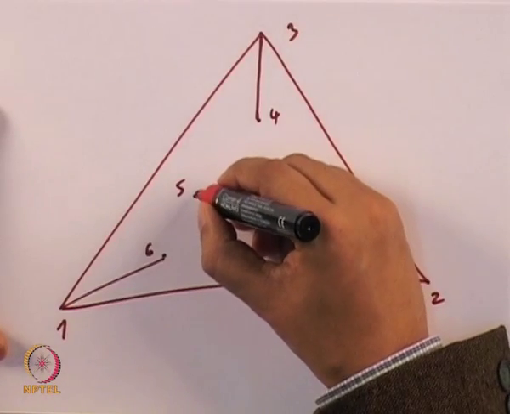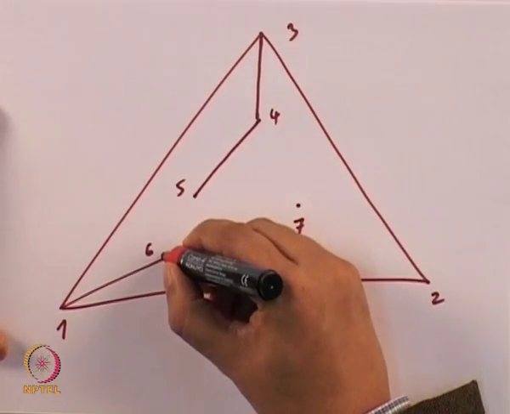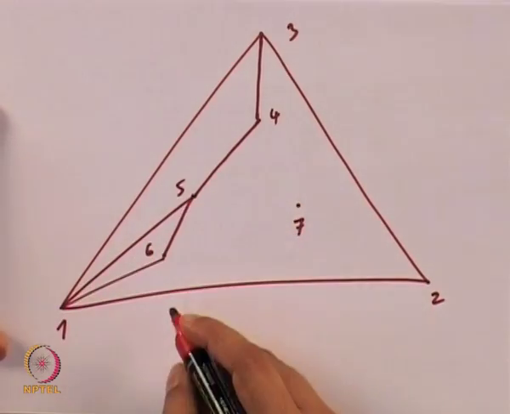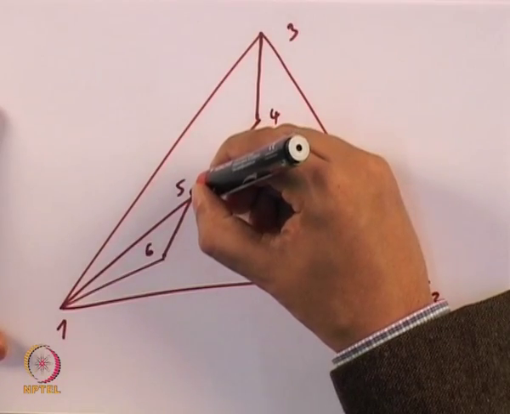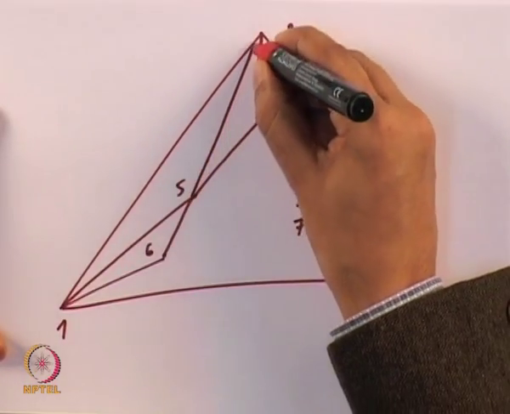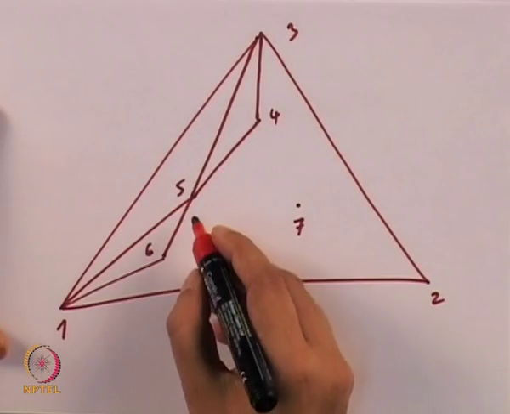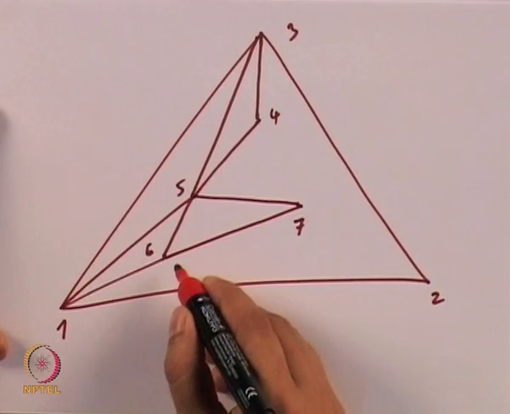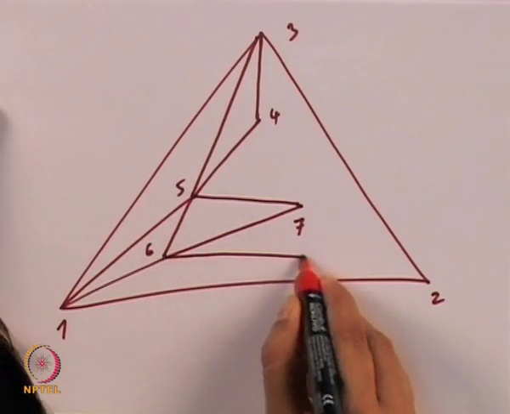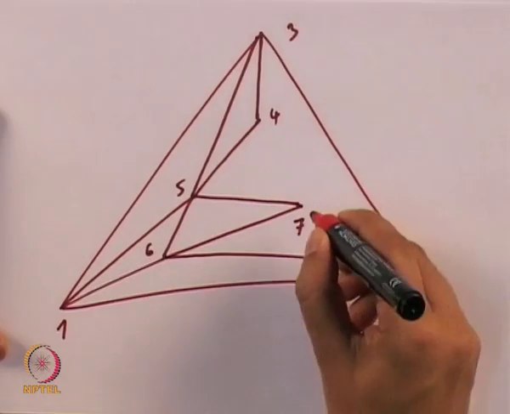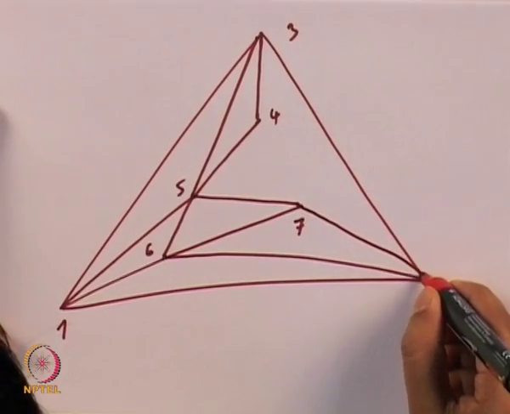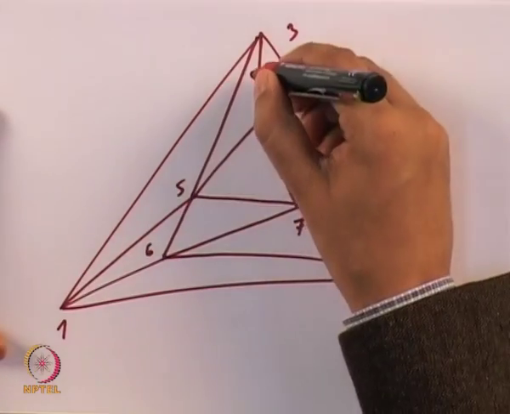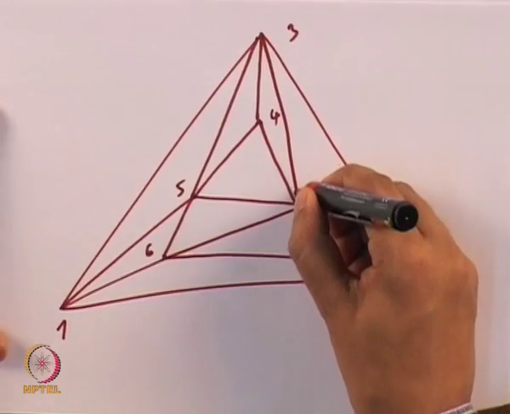So 4 and 5 are connected with a line, 5 and 6 are connected with a line, 1 and 5 are connected with a line, and 5 and 3 are connected with a line, and 5 and 7 are connected with a line, 6 and 7 are connected with a line, 6 and 2 are connected with a line, and 7 and 2 are connected with a line, and 4 and 7 are connected with a line, and 3 and 7 are connected with a line.